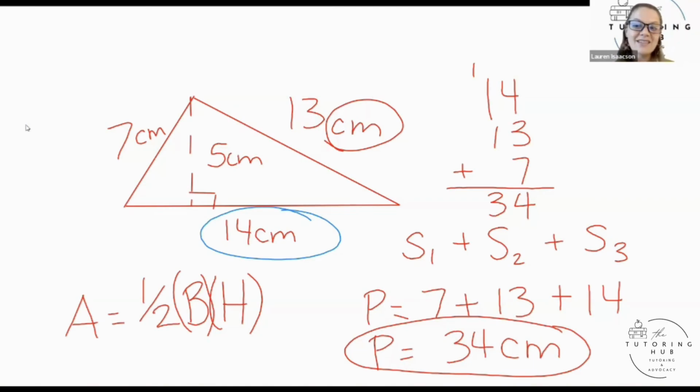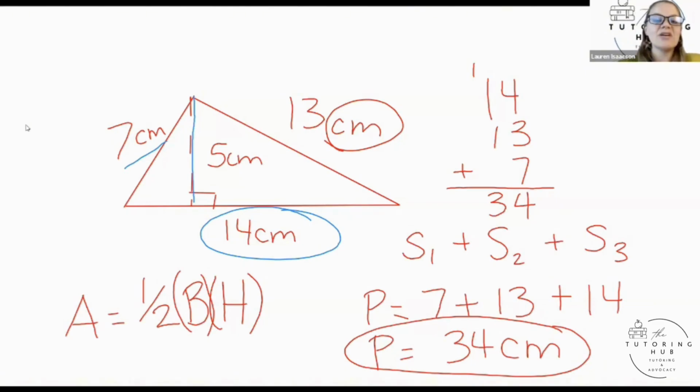Our height, even though it's longer, 7 centimeters, is not our height. It is what creates that right angle from the base all the way to the tallest point of the triangle, which might be smaller than one of the sides' lengths.